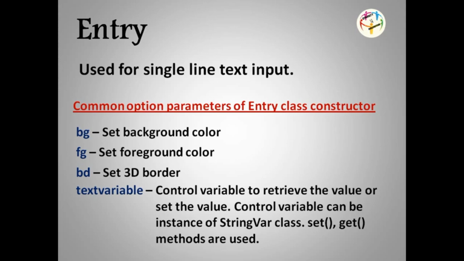So control variable type is normally of string var class, and within this variable we can call two methods, set and get. Set is basically used to set any value, and get is used to retrieve the value from the entry widget.